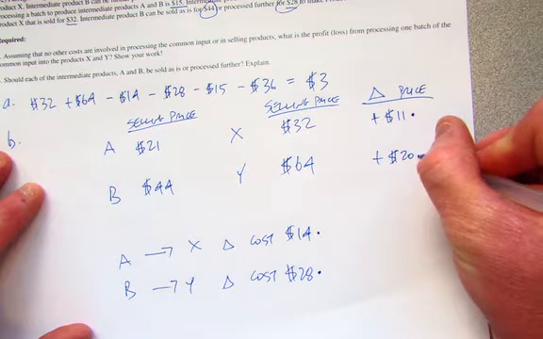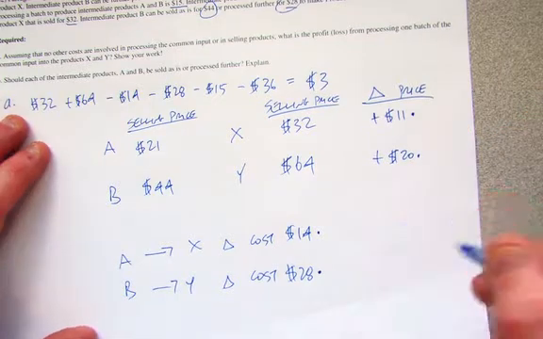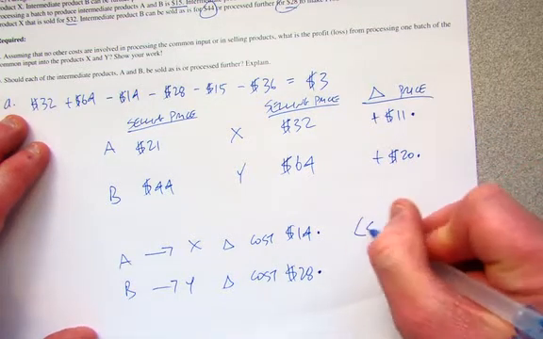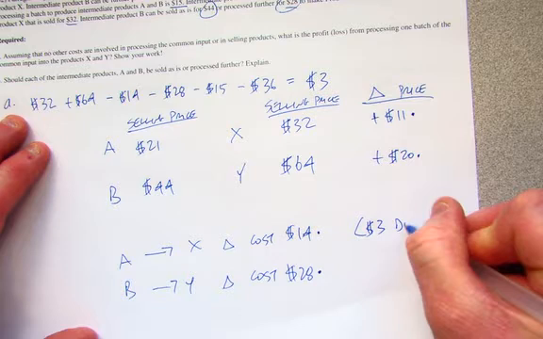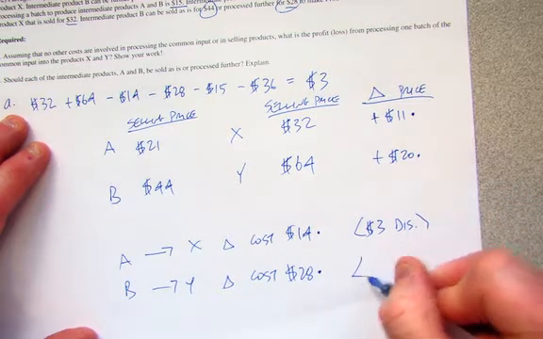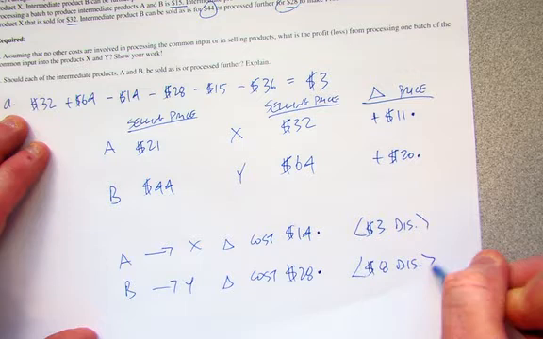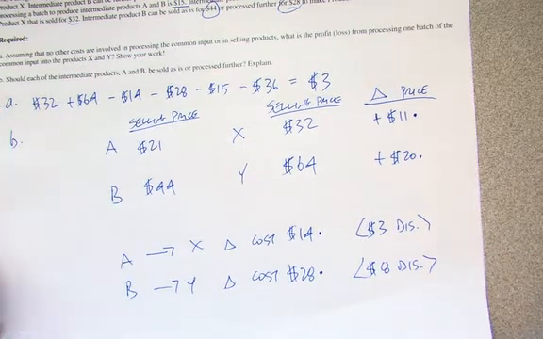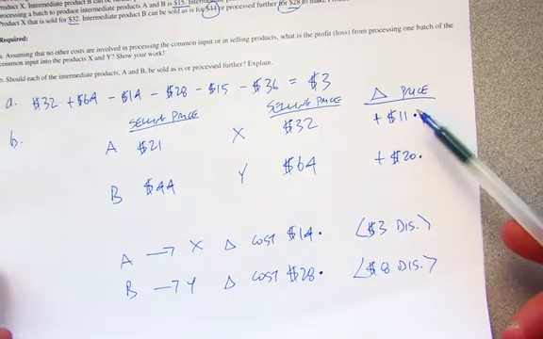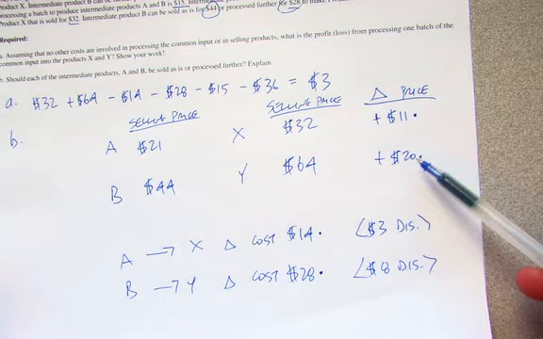And the answer, again, is no. So for product A, there's a $3 disadvantage. And for product B, there would be an $8 disadvantage if we process further. Because we don't want to spend 14 to get 11, and we don't want to spend 28 to get 20.